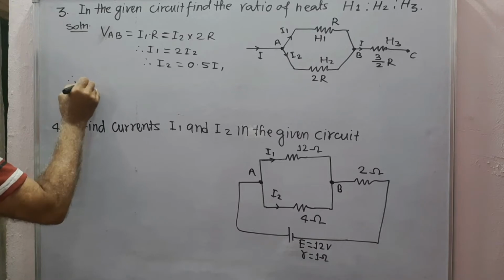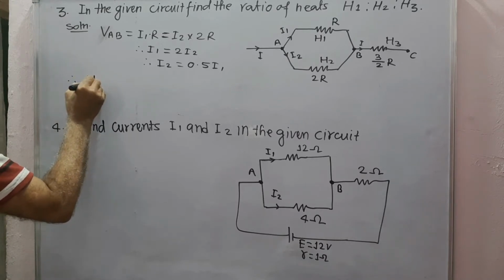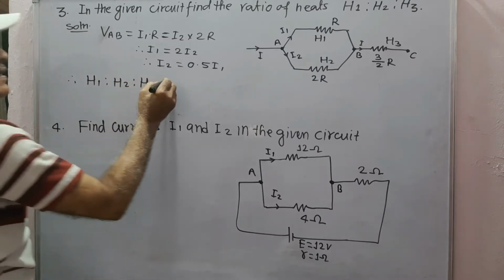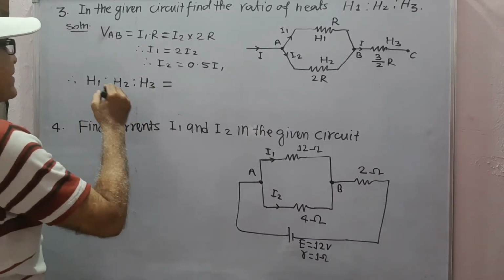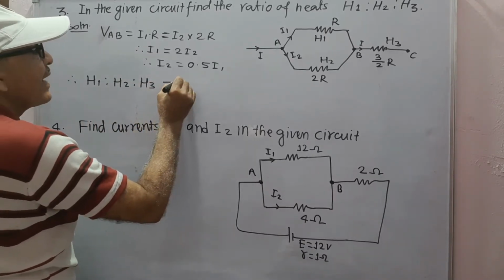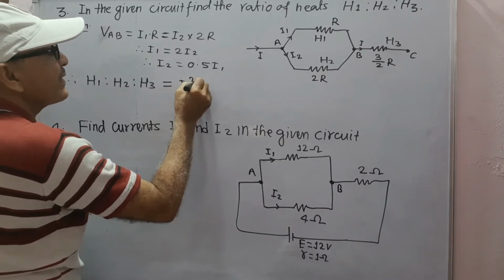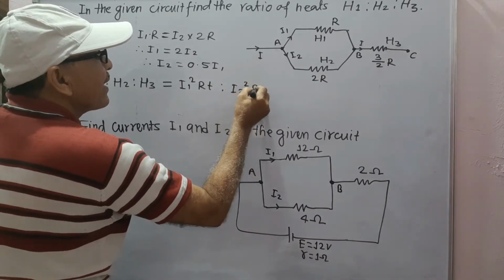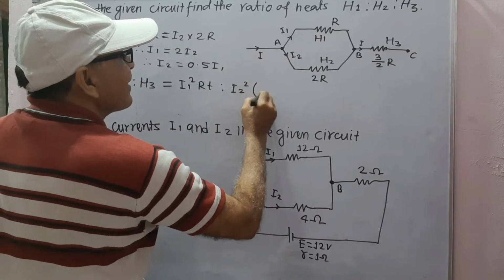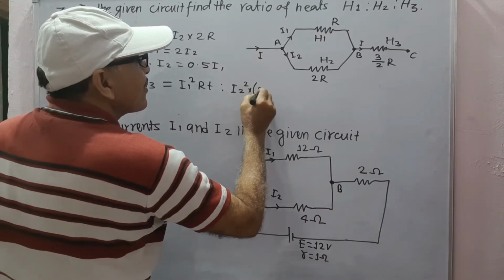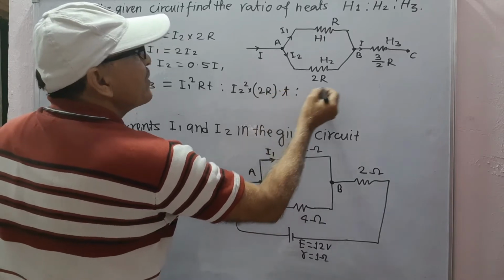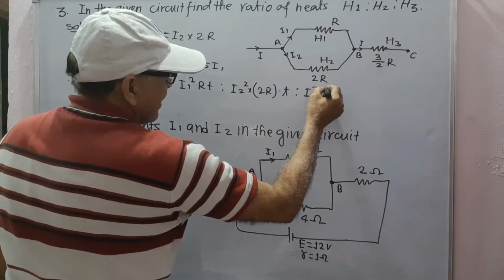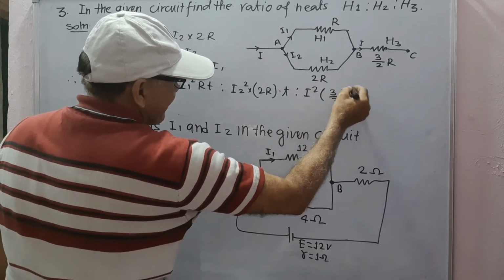Now desired heat ratio will be H1 is to H2 is to H3 equal to I1 square RT is to I2 square 2RT is to I square 3 by 2 RT.